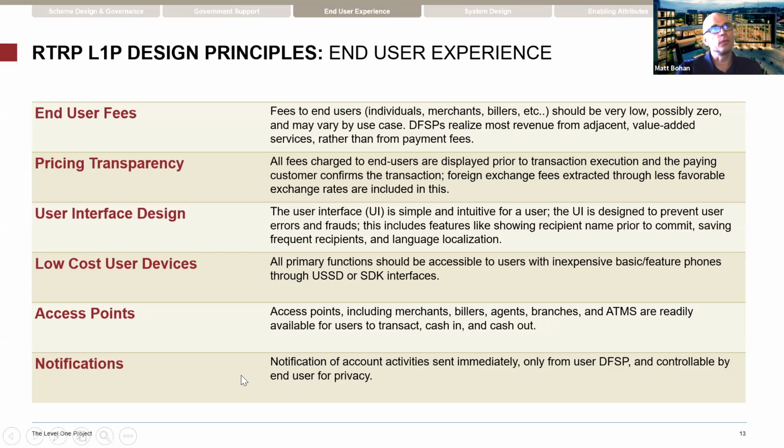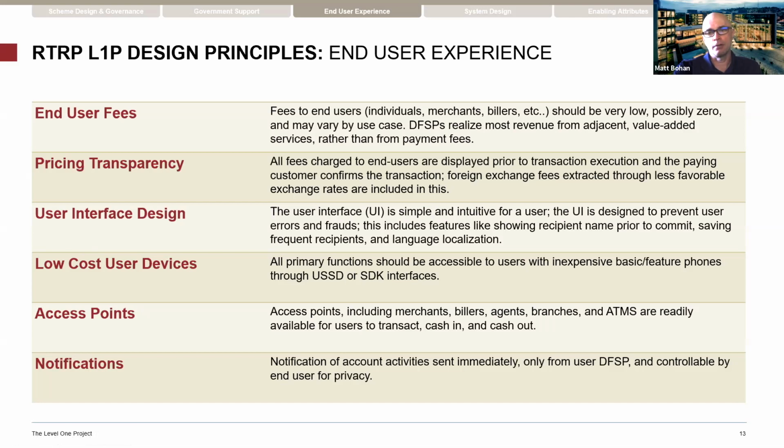We're very committed to supporting low-cost user devices. So think the simple phones that many of us have had for years. Their interfaces to systems like this are often through USSD, and we think that's going to be important for quite a while still.